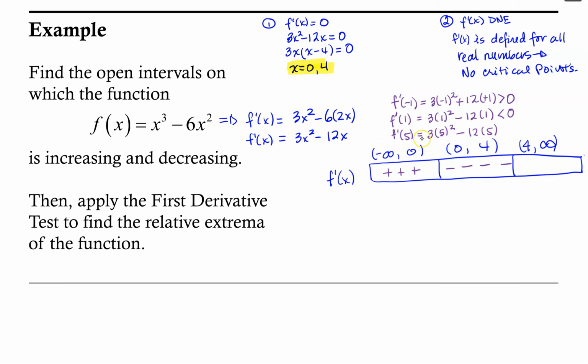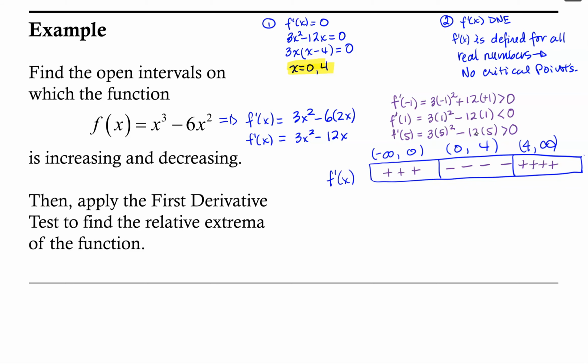So I've got 75 minus 60. So 75 is bigger than 60. So this is going to be a positive value. So we know that on the interval from 4 to infinity, our derivative is positive.